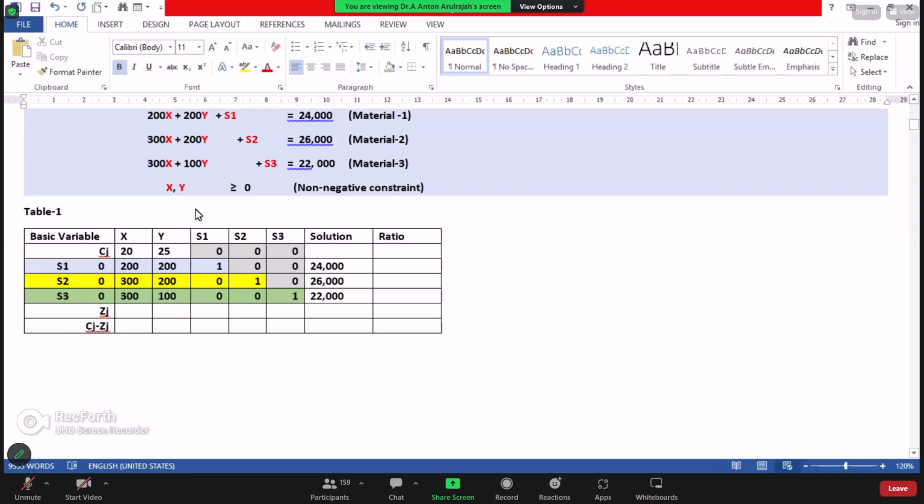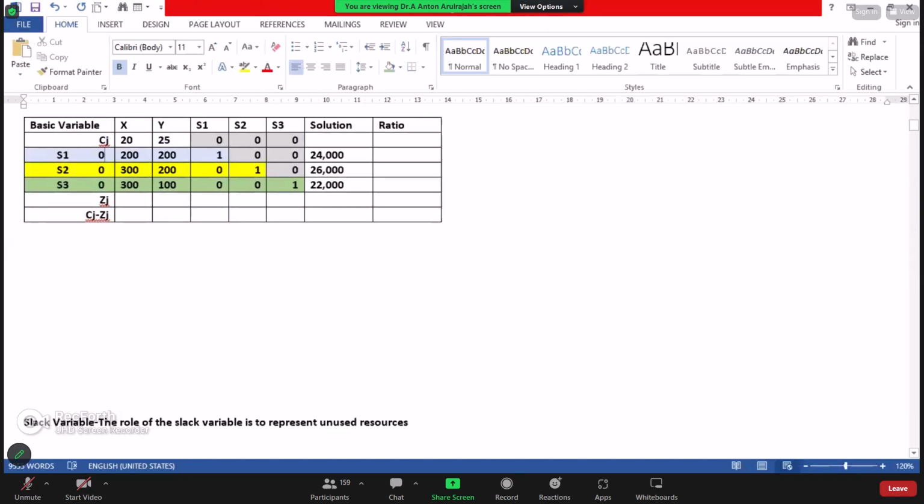Cj column is there, Zj column is there, and the rows. You have to multiply this 0 with 200. That is equal to 0.